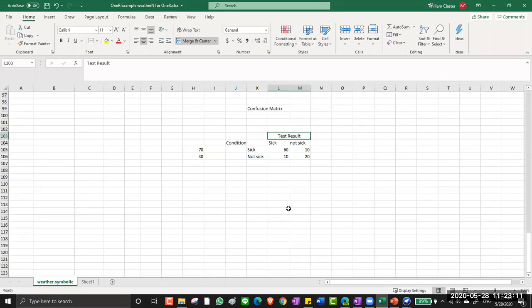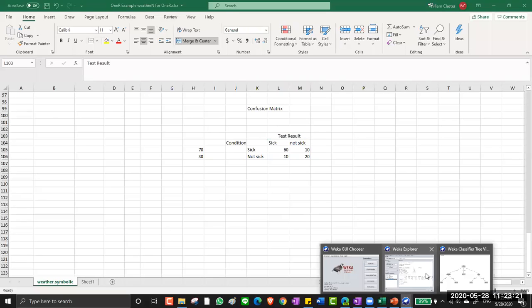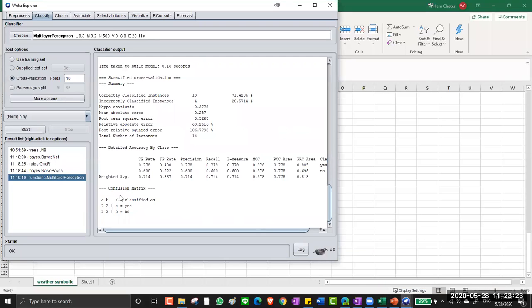What's the algorithm? So here, the algorithm is what? J48, right? Or sorry, it's a multi-layer perceptron here, right? Everyone understand? This is J48, that's the algorithm.